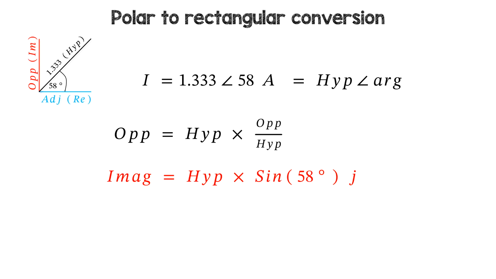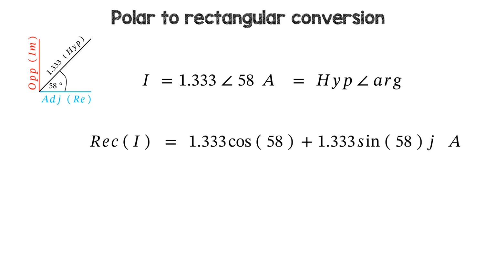But don't forget to put a j on the end. So the rectangular version of our polar number is 1.3 recurring cos 58 degrees plus 1.3 recurring times the sine of 58 degrees with a j to indicate it's the imaginary part. So that is equal to 0.7064 plus 1.131 j amps.